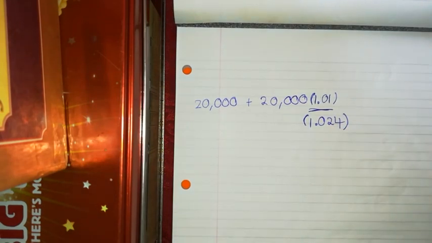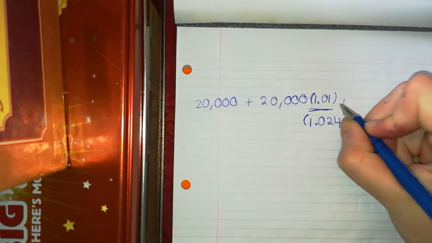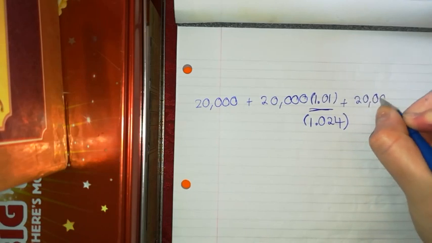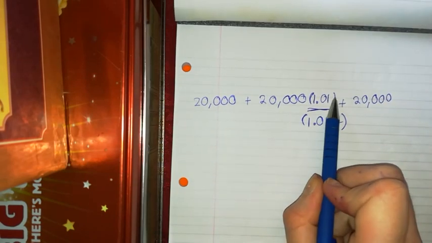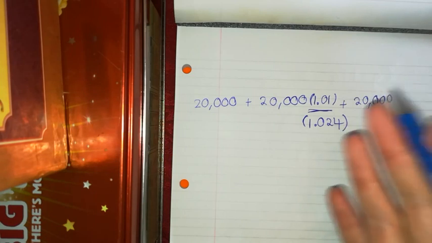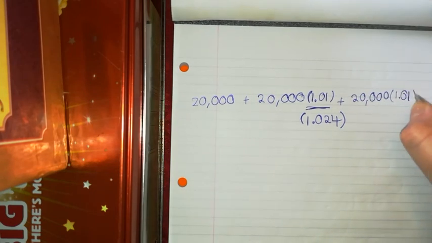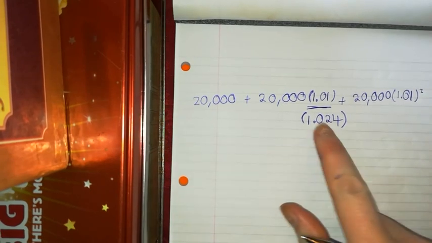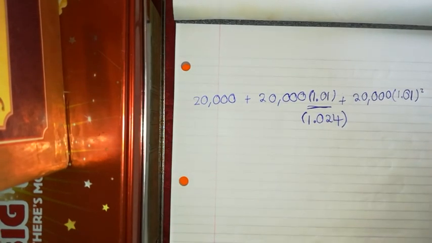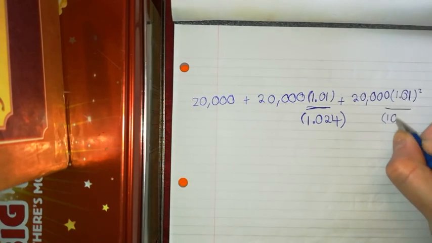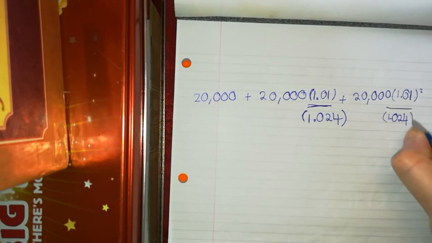Because our AER is 2.4%. And then the next year he's going to be paid whatever this was multiplied by another 1.01. So I can write that as 1.01 squared, and we'll have to bring that back 2 years, so 1.024 squared.